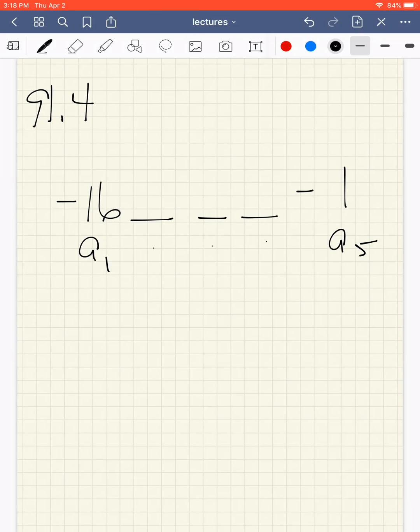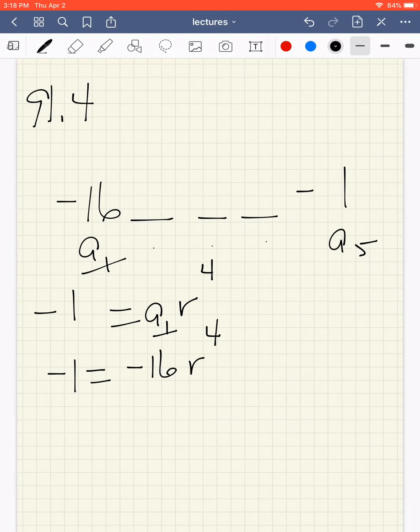So the formula for A5 is A1 r to the 4th power, always one less. And that we know is equal to -1. We also know that A1 is -16, so -1 equals -16r to the 4th. So divide both sides by -16. So 1/16 is equal to r to the 4th, and now take the 4th root of that.